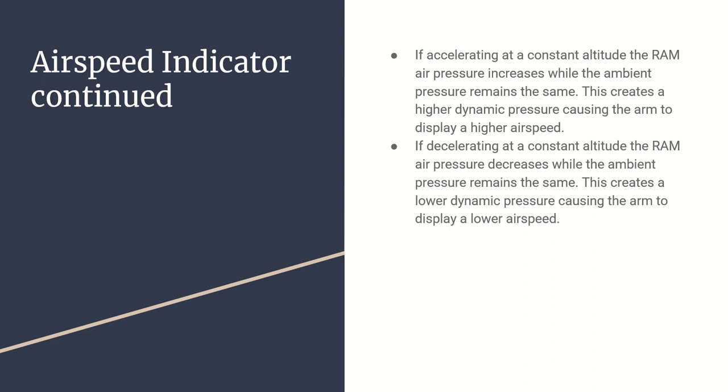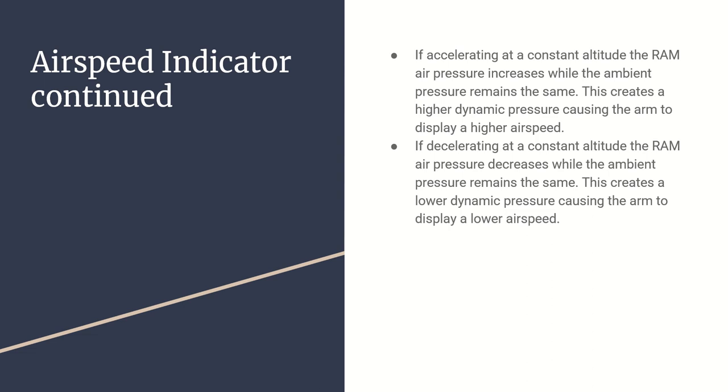And before, when we were at 3,000, remember we had a relatively high ambient pressure adjustment, because there was a higher amount of ram air. But we've decreased the amount of ram air without changing the adjustment. Less ram air minus a relatively high ambient pressure reading equals a lower dynamic pressure than we had before, right? If the dynamic pressure is less than we had before, we will see a decrease in airspeed on that indicator.